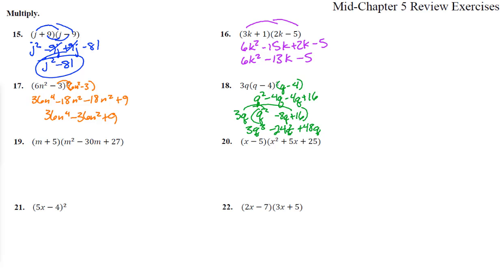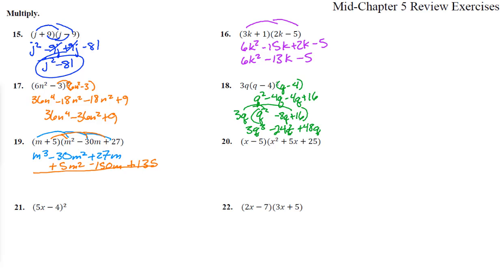All right, number 19. We're going to distribute the m in. Let's go ahead and do this in two different colors. So we have m cubed minus 30m squared plus 27m. And then the next one, the 5 goes in and we get plus 5m squared minus 150m and then plus 135.